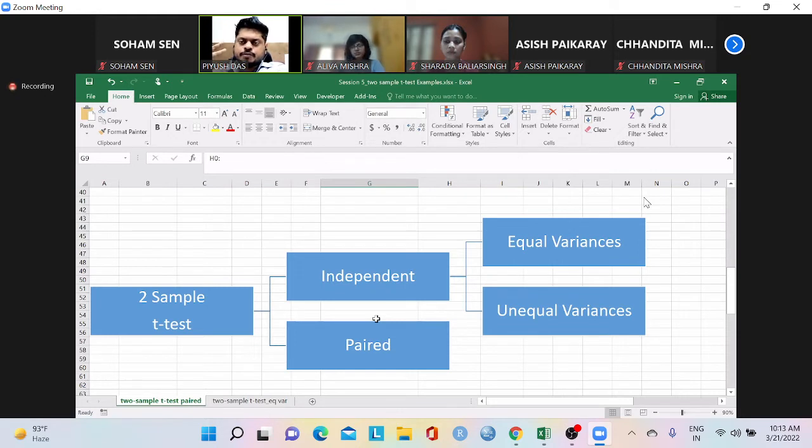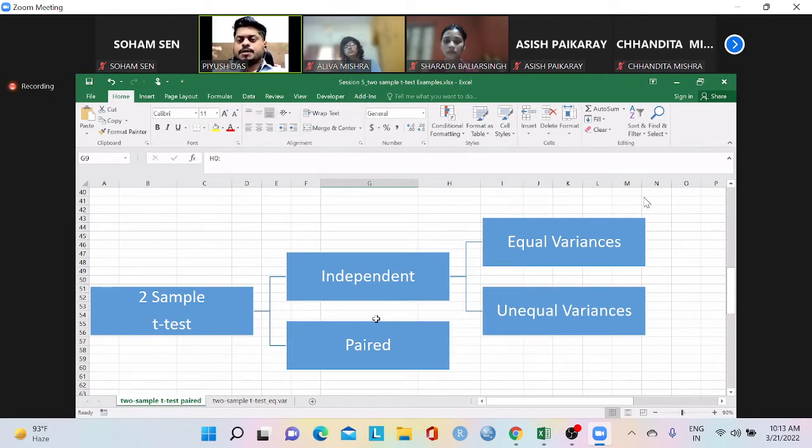These two groups are independent of each other. Why? Because an individual from whom I collect data will be in either group A or group B. That person cannot be in both groups. Both groups are independent of each other. That is the meaning of independence.